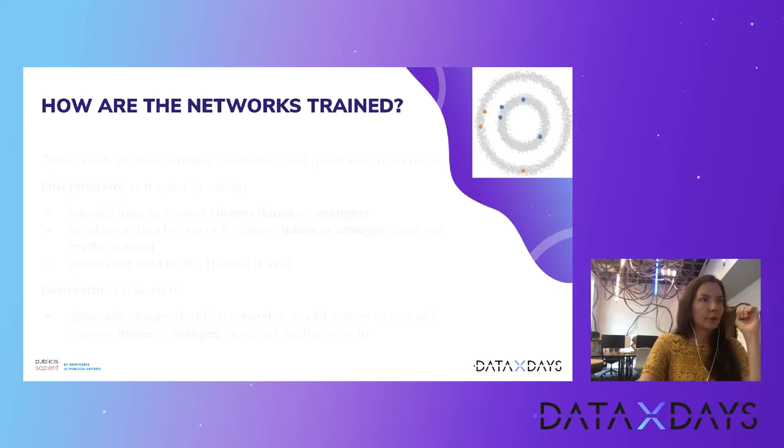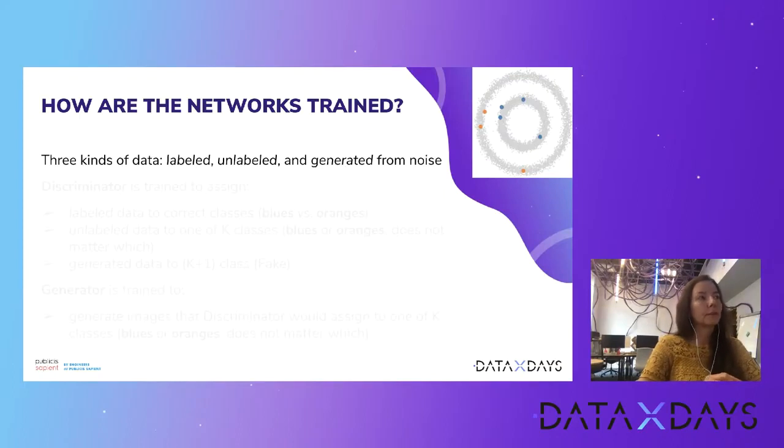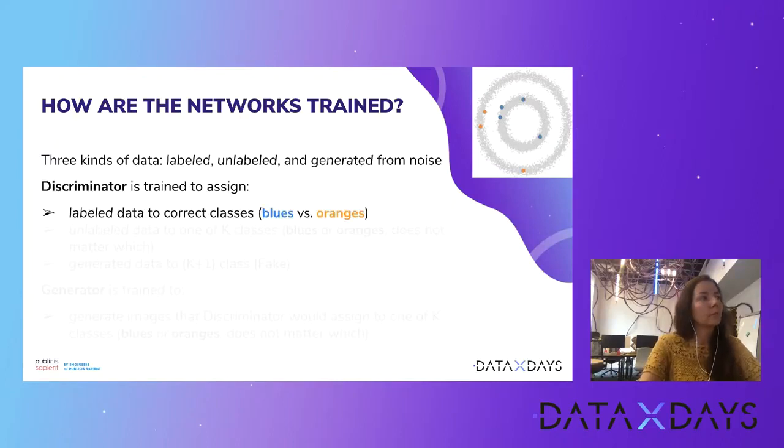So how are the networks trained? Here's when it gets, again, a little tricky, because now we're dealing with 3 kinds of data. There is labeled data, so these few labeled points in our example. There's also the unlabeled data, so all of these points that are grayed out. But in addition to those 2, we also have data that has been generated from noise vectors by the generator network.